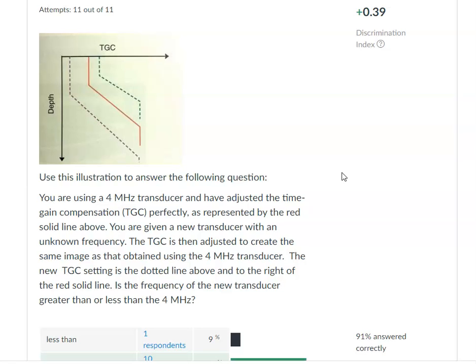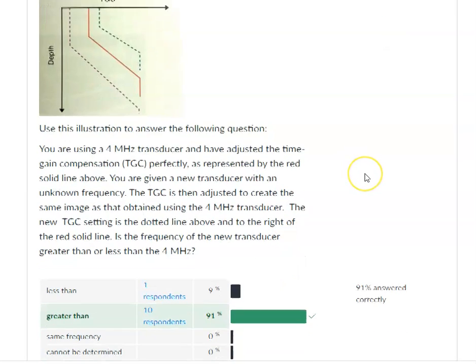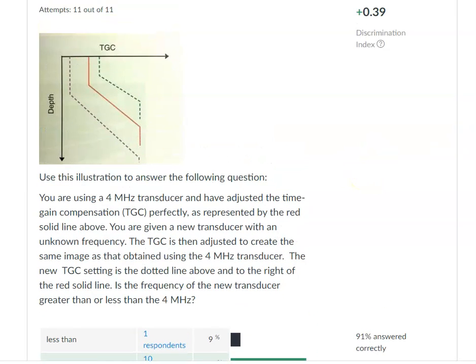Next question, utilizing the illustration, answer the following question. Just trying to get it right. So a 4 megahertz transducer, and you've adjusted the time gain compensation perfectly.